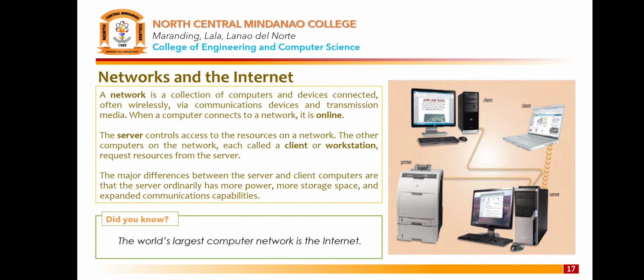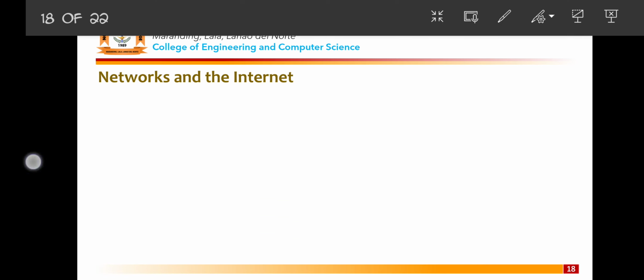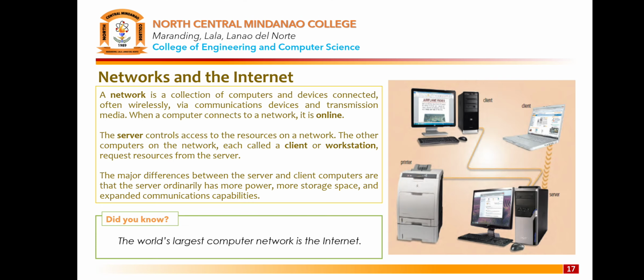So here in this image, this is an example of a network, where you can see there's a server which manages the resources on the network. And clients access the resources on the server.